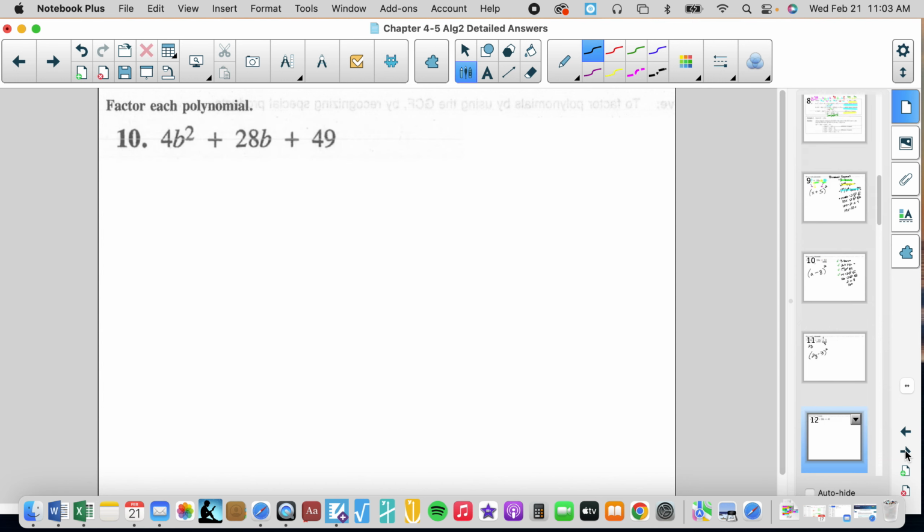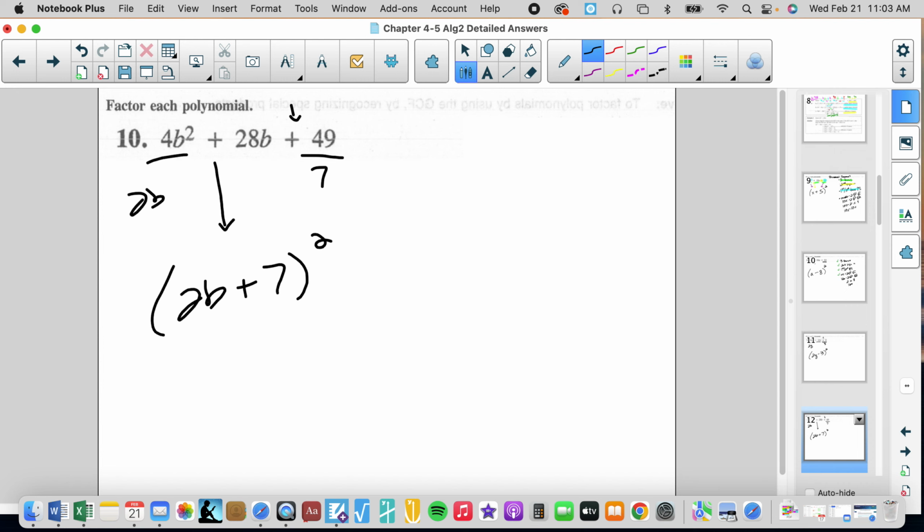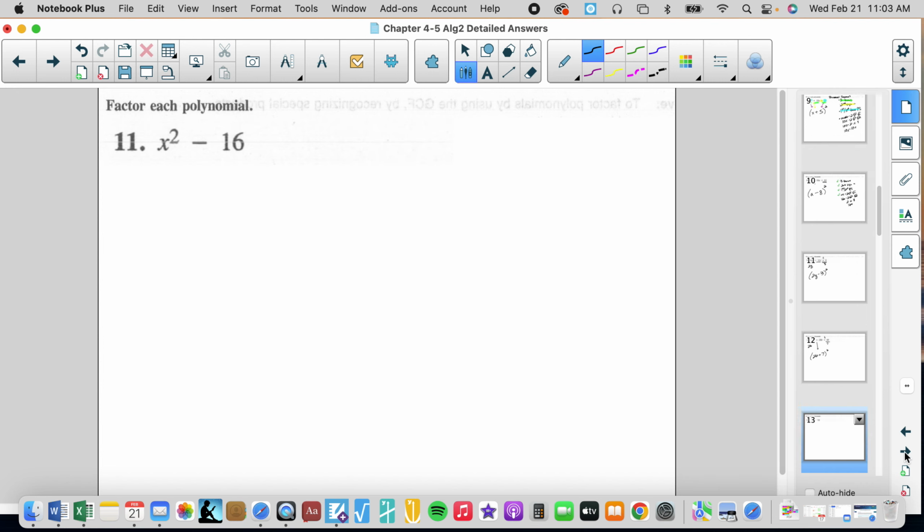It's as easy as that. So second sign positive, perfect squares, yes. 2b and 7. 2b times 7 is 14b, doubled, 28b. Yup. So we take 2b plus 7 quantity squared. That sign goes there. Look how easy.